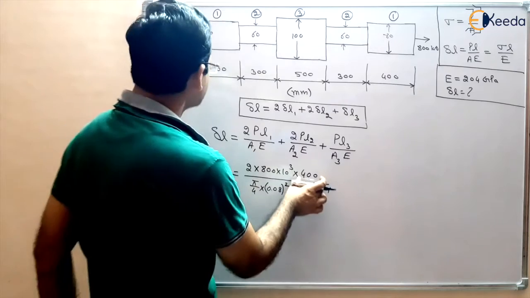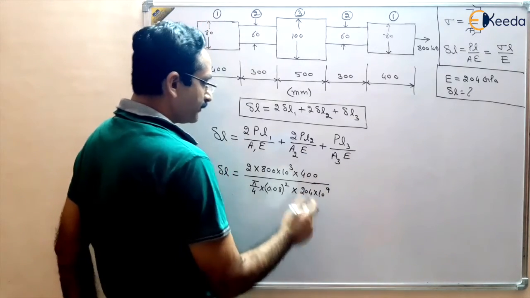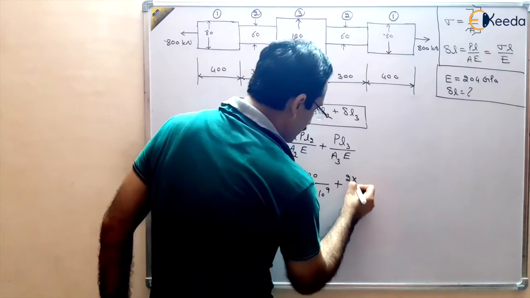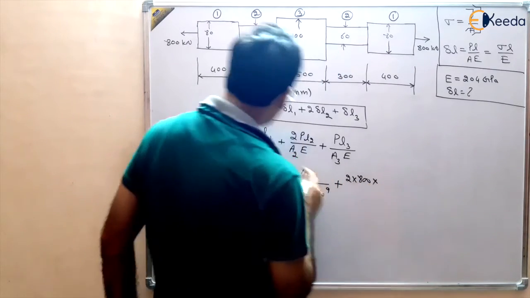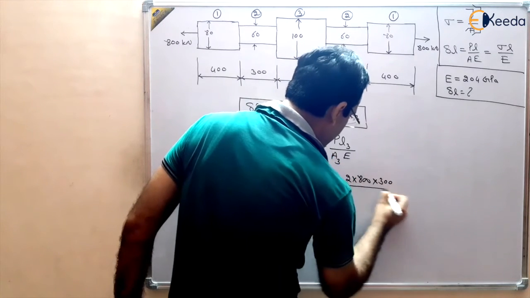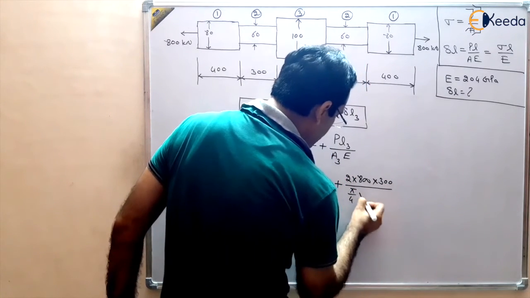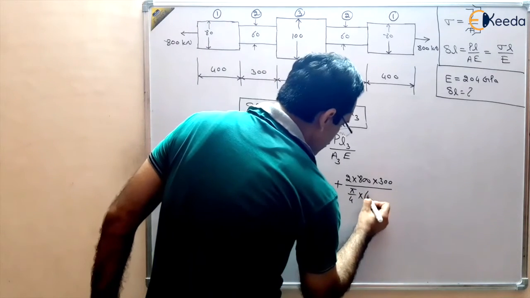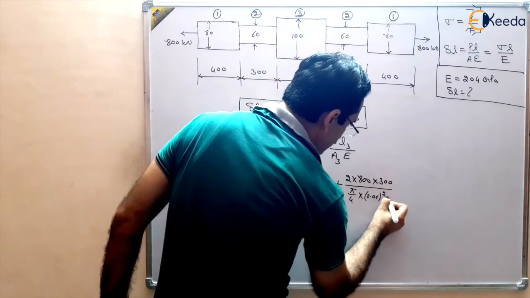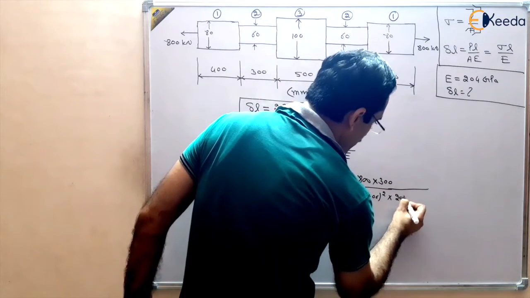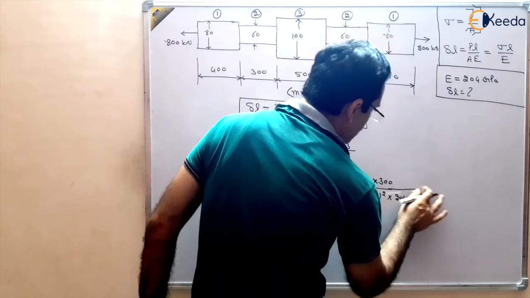Plus 2 times load 800 multiplied by L2, which is 300, divided by area, pi by 4 d square, with d 0.06 square, multiplied by 204 multiplied by 10 to the power 9.